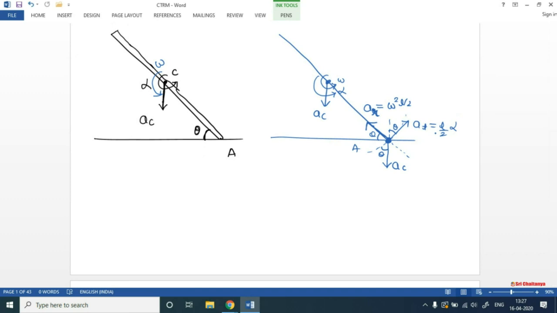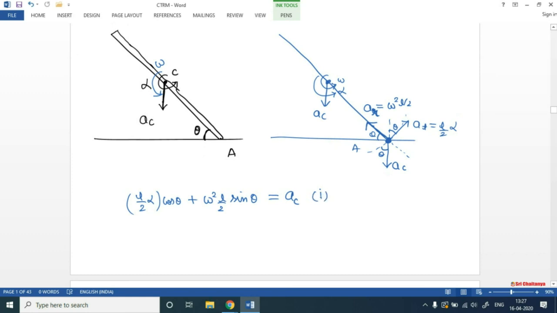That we can use as the constraint relationship of point A. That will give us a_t, which is L by 2 alpha cos theta, plus the sine component of this, that would be a_R, that is omega square L by 2 sine theta, must be equal to this a_C over here. So that is basically equation number 1.